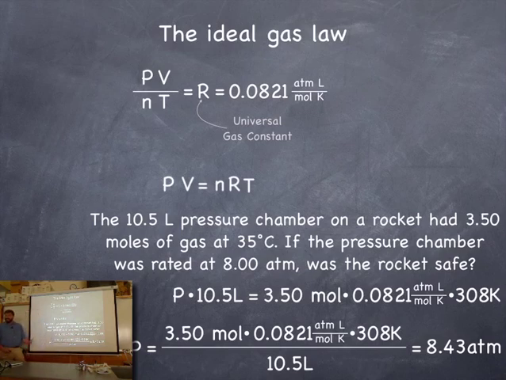You would not want to typically run a device at higher than its maximum rated pressure. You risk failure. And failure in high pressure conditions is very dangerous. That's called an explosion. All right? Yeah, you could get a higher rated pressure chamber. It costs more money.